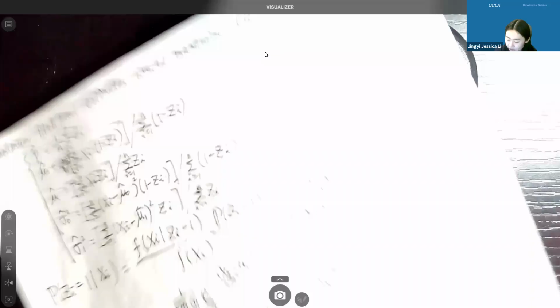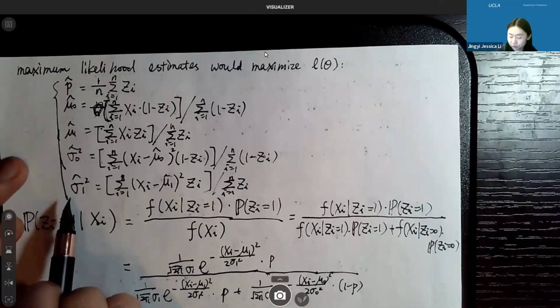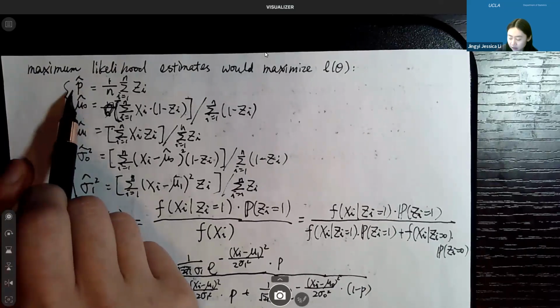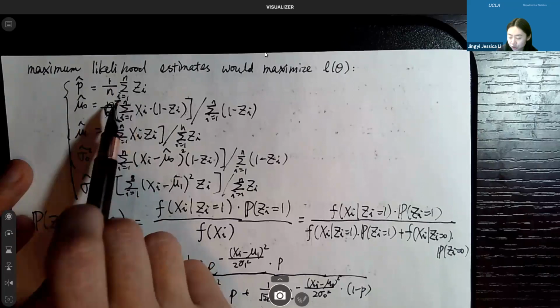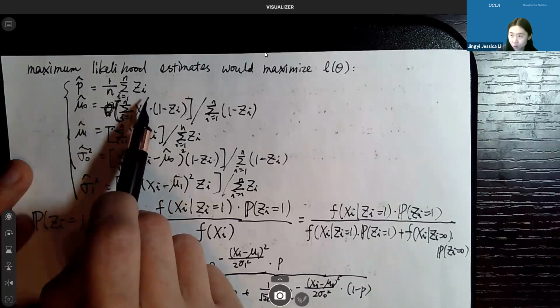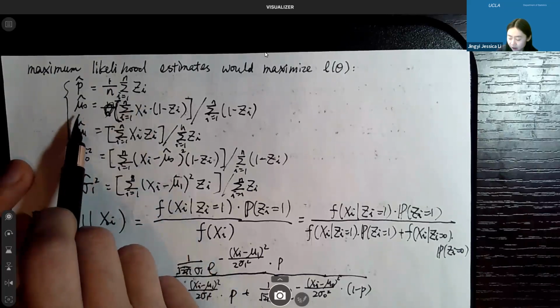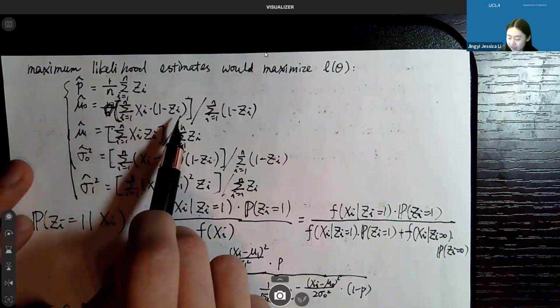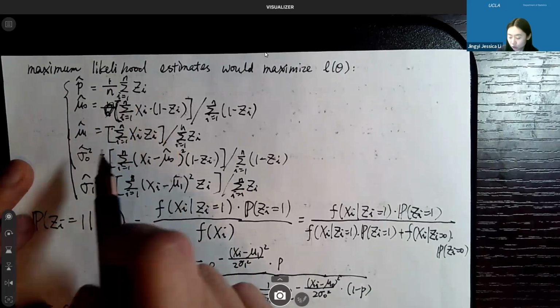And the result we get is simply these formulas, which make a lot of sense intuitively. So p hat, the estimated p, is just the proportion of zi's that are ones. And mu0 hat is just the average of the xi's for which zi is 0, and so on.